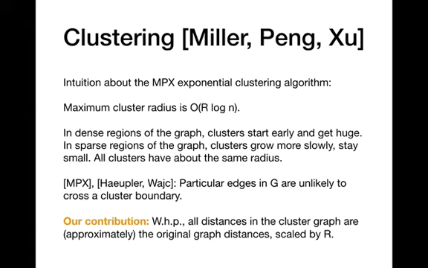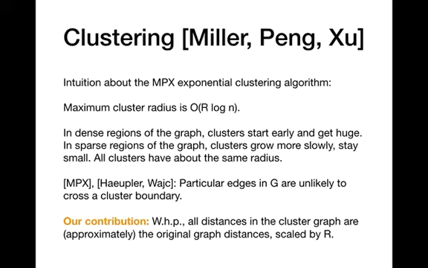So this algorithm was described and analyzed by Miller, Peng, and Xu, and later by Haeupler and Wajc. And they proved that particular edges in the graph are unlikely to cross a cluster boundary. We proved that additionally, with high probability, all the distances in the cluster graph are approximately the original graph distances scaled by r.